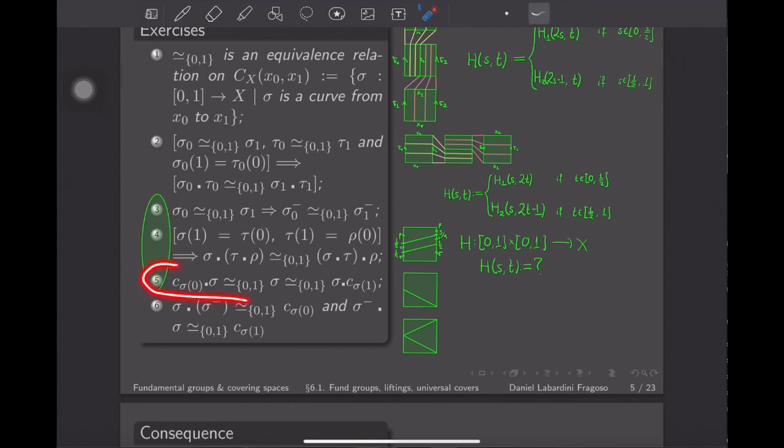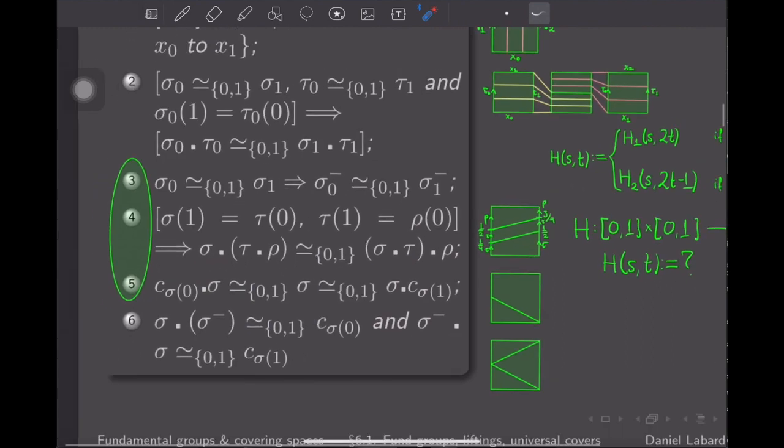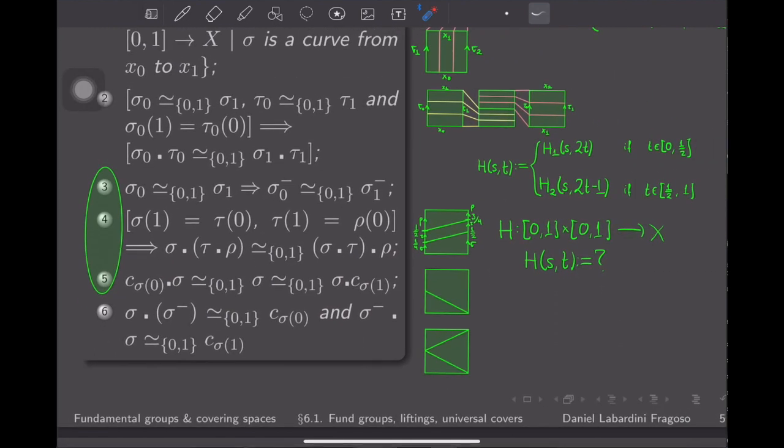Similar for 5. Here I'm denoting the constant curve at a certain point. As a function, it is the constant function from the interval [0,1] to X, and the constant value is the subindex. So what I'm saying is, if I consider the constant curve at sigma naught and concatenate it with sigma, the concatenation really makes sense.